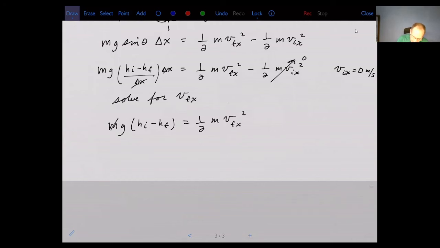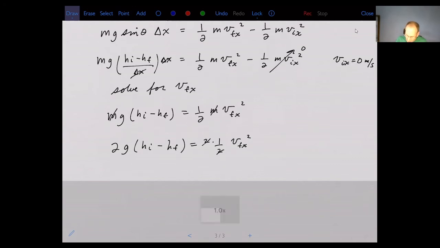You could cancel out m's, right? Multiply both sides by 2. So on this side, the 2 will cancel with the 2 in the denominator of the half. So these cancel. And then finally take the square root of both sides.